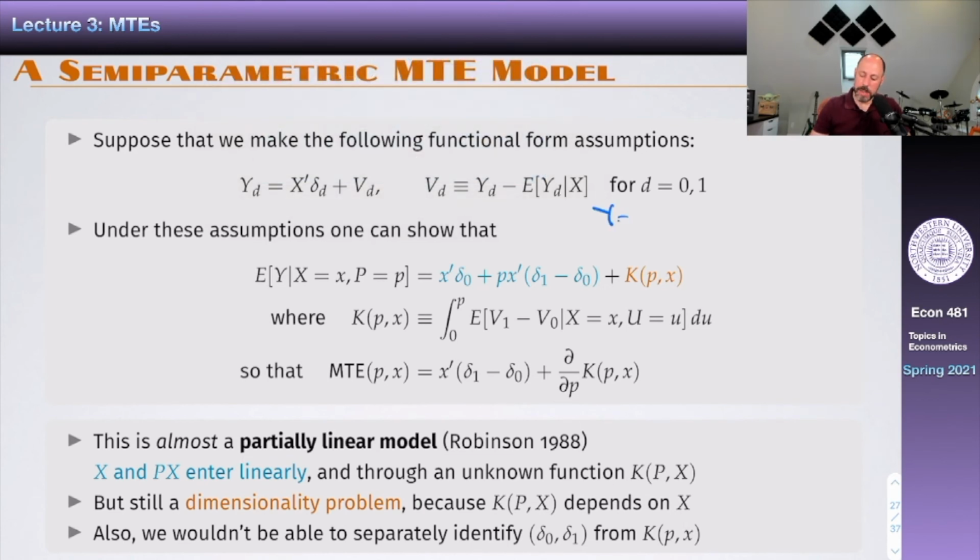Okay, and then of course, the observed y is always going to be d times y1 plus (1 minus d) times y0, right?